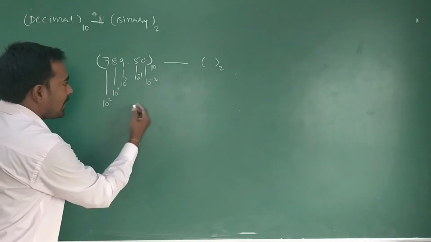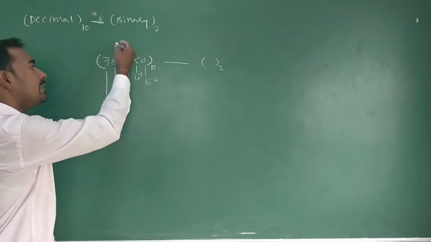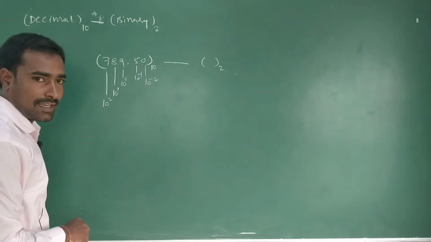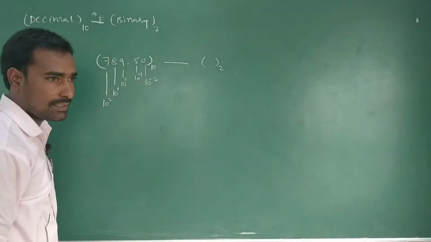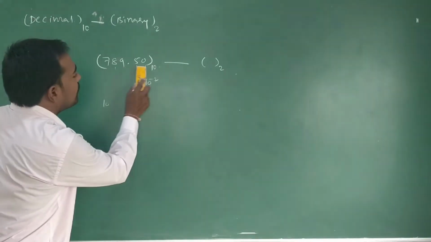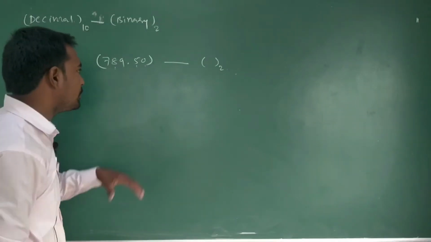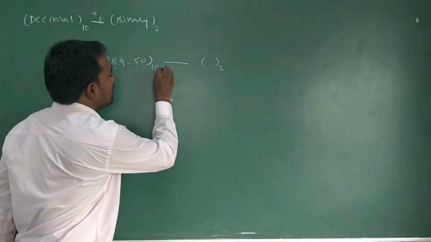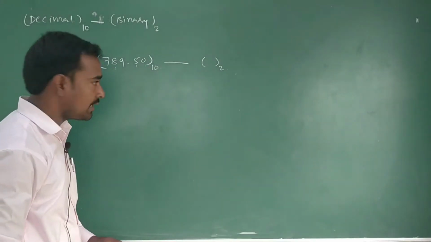When we multiply these with the powers of 10, we will get the exact value 789.50, and we have to convert this decimal number into binary.